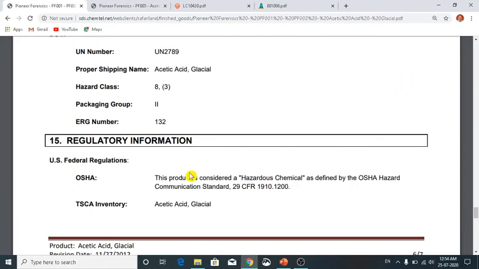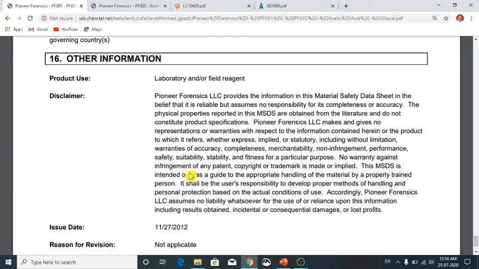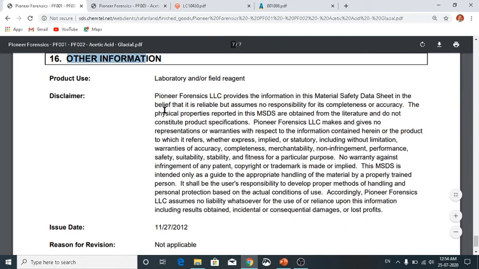So these are the common heads, and this last one is the other information.